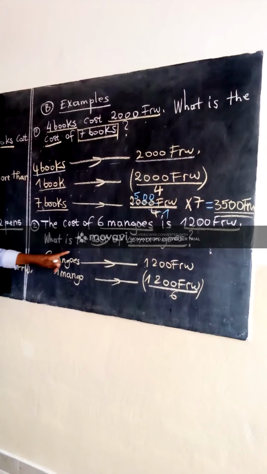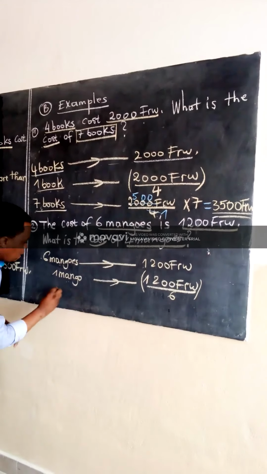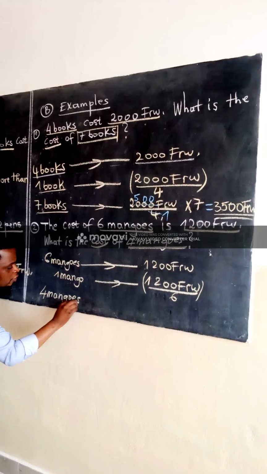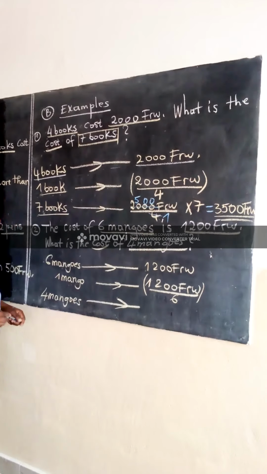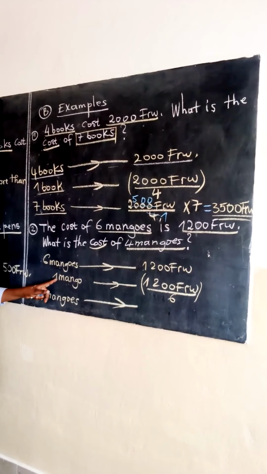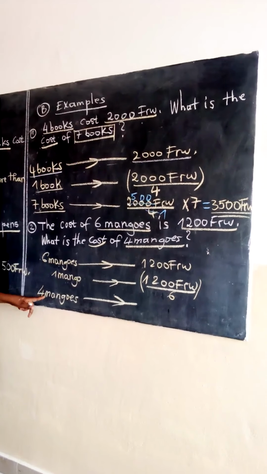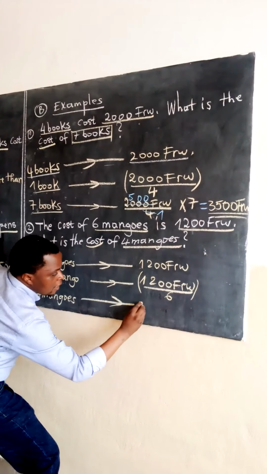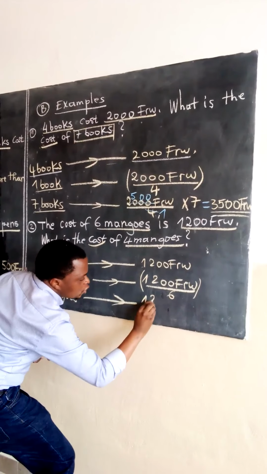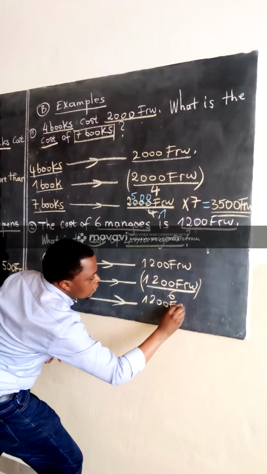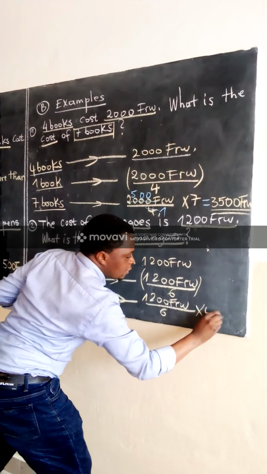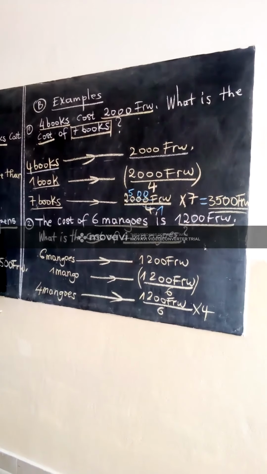And what are they asking now? 4 mangoes will cost how much? Since we know the cost of 1 mango, it is easy to know the cost of 4 mangoes. We take the cost of 1 mango, which is 1,200 francs divided by 6, times 4 mangoes.